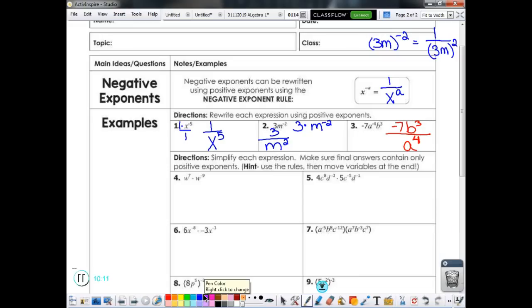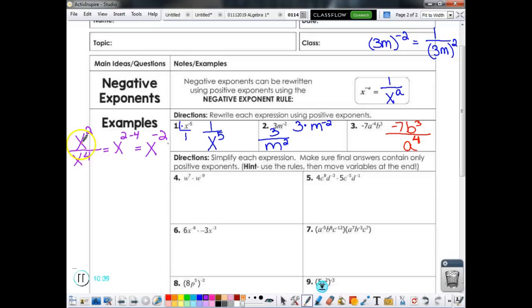So think of it like this. On the other page we had dividing. This is an example. If I had x squared divided by x to the 4th power, and we did the one on the back, it would be 2 minus 4. And 2 minus 4 is what? X to the negative 2. But this is improper. You cannot leave a negative exponent on your answer choices.